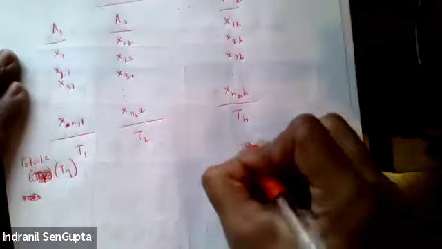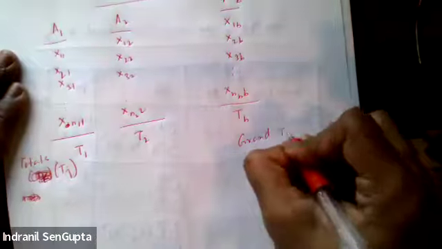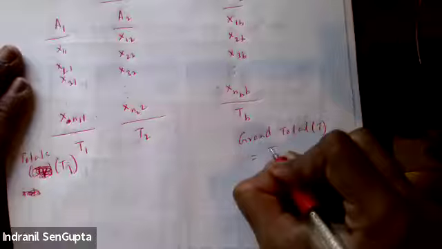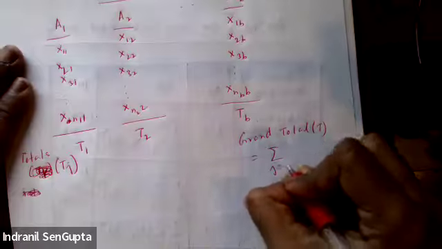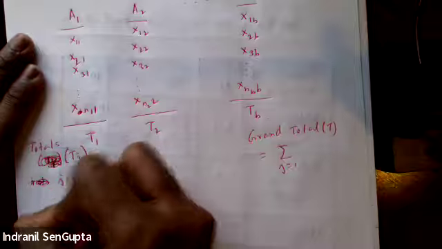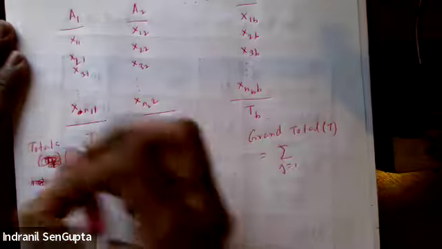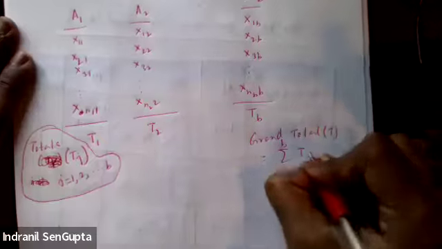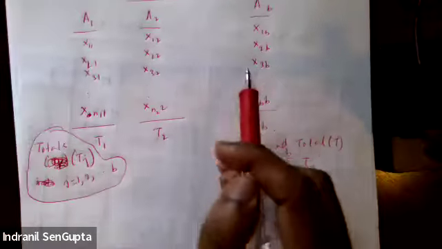So the grand total t is really the summation over j from 1 all the way up to b of t sub j. Okay, that's just this total.